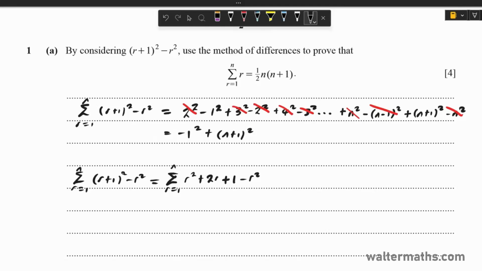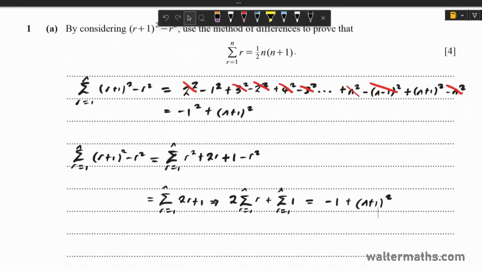So basically, this is the same as the sum from r is equal to 1 up to n of 2r plus 1, which is the same as 2 times the sum to n of r plus the sum from r is equal to 1 up to n of 1. And this is the same thing which we got to be giving us this result. So all this is equal to minus 1 squared, which is just minus 1, and it's plus n plus 1 squared. So this is what we're getting right here.